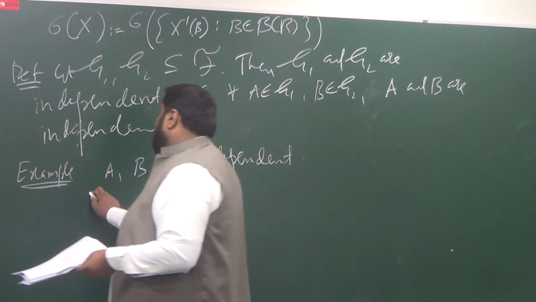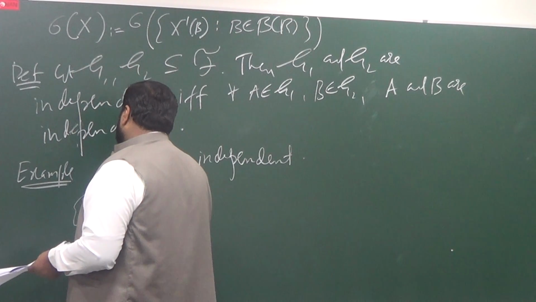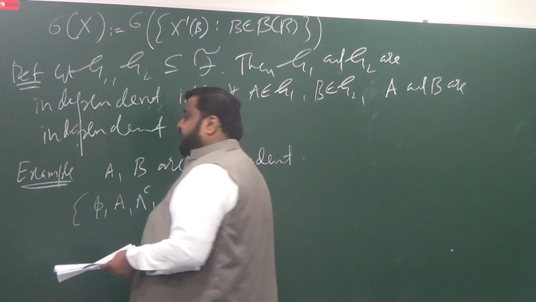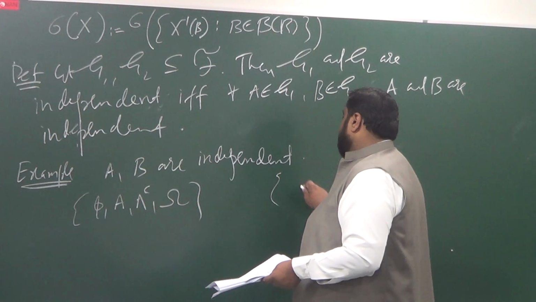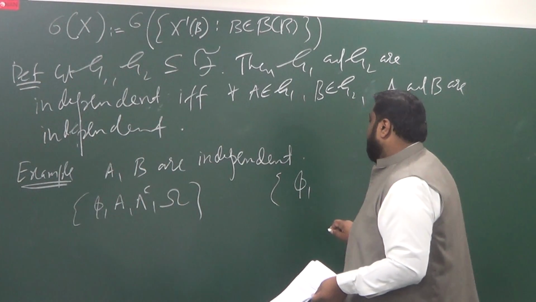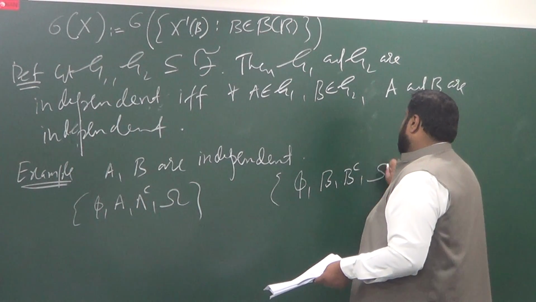Then consider this sigma field: empty set, A, A complement and omega. And consider this sigma field as well: empty set, B, B complement and omega.